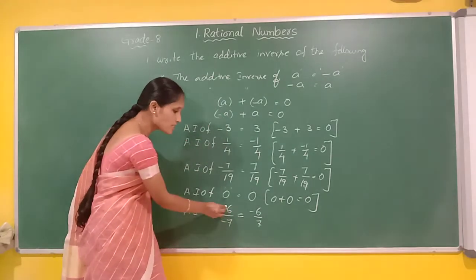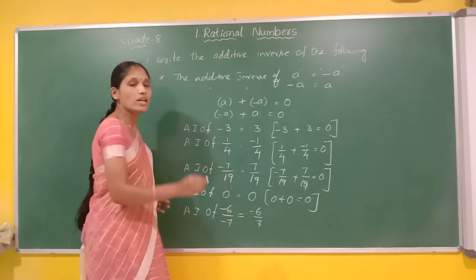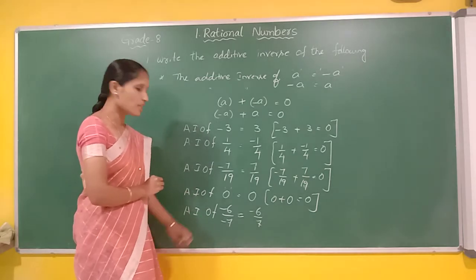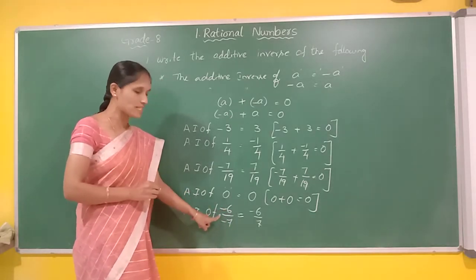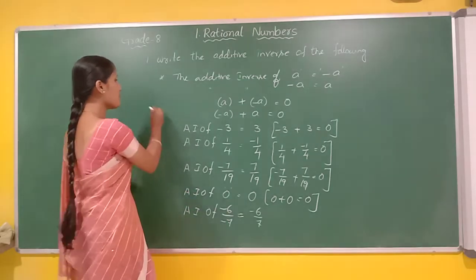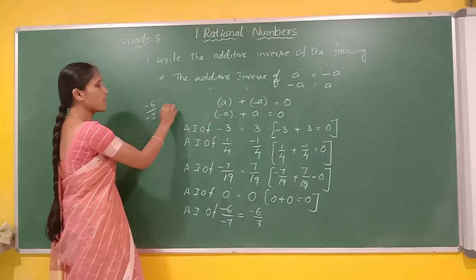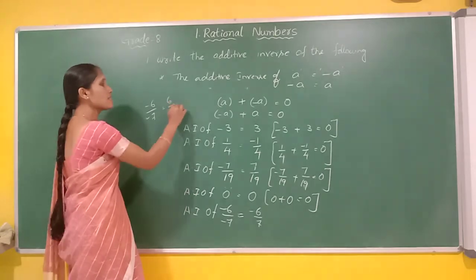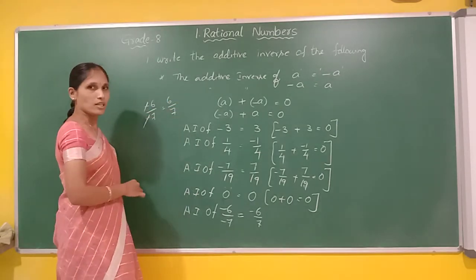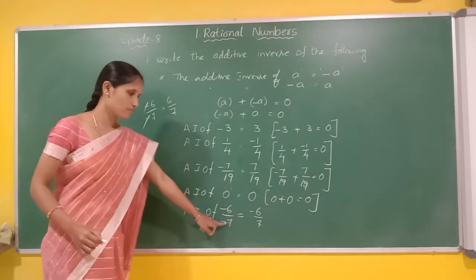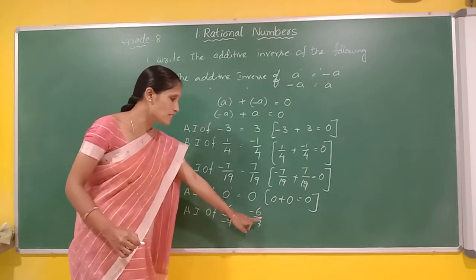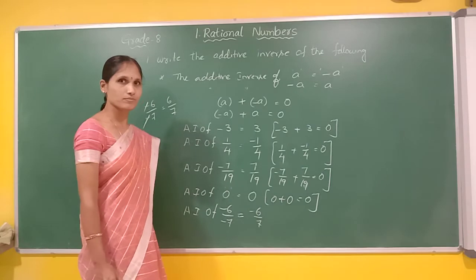How? Minus 6 by minus 7 is equal to 6 by 7, children. The minus minus gets cancelled. Now tell me what is the additive inverse of 6 by 7? That equal to minus 6 by 7.